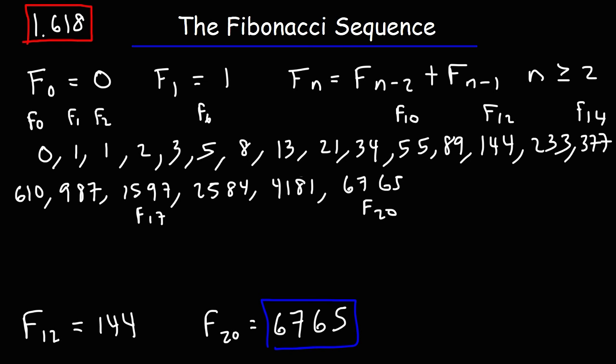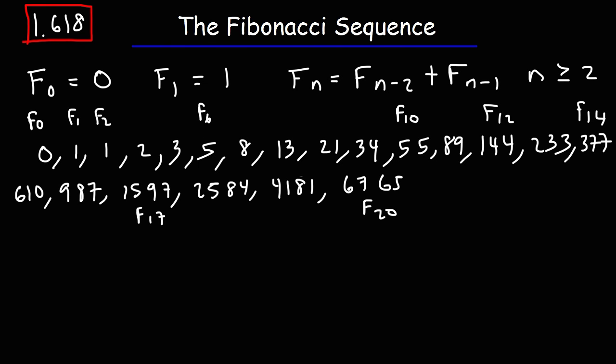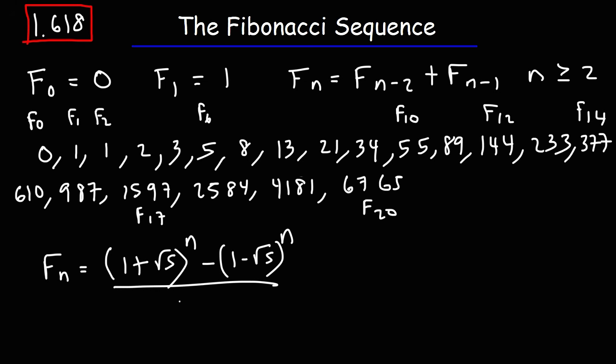Now, it turns out that there's a formula where you can calculate the exact value of this number. And here it is. F sub n is equal to 1 plus the square root of 5 raised to the n power, and then it's minus 1 minus the square root of 5 raised to the n, divided by 2 to the n times the square root of 5.